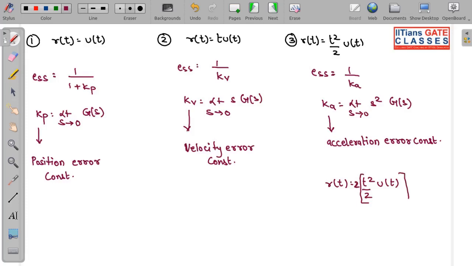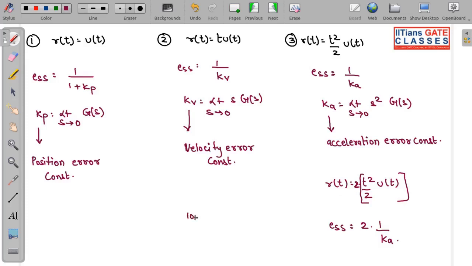For this part, the steady state error is 1 by Ka, and over here I have 2 also, so steady state error will now become 2 into 1 by Ka. So remember this, if it is t square u(t), you need to make it like this for your standard parabolic input.